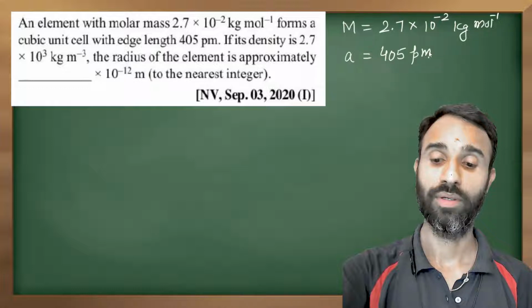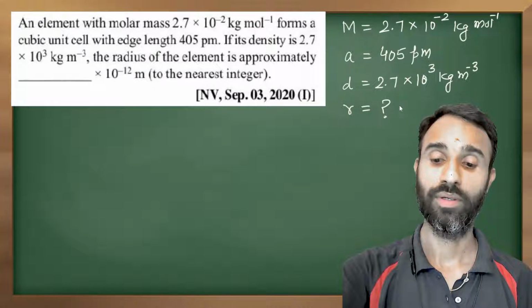If its density is 2.7 into 10 raised to power 3 kilogram per meter cube, then we have to calculate the radius of the element in terms of number into 10 raised to minus 12 meter, means in picometers.